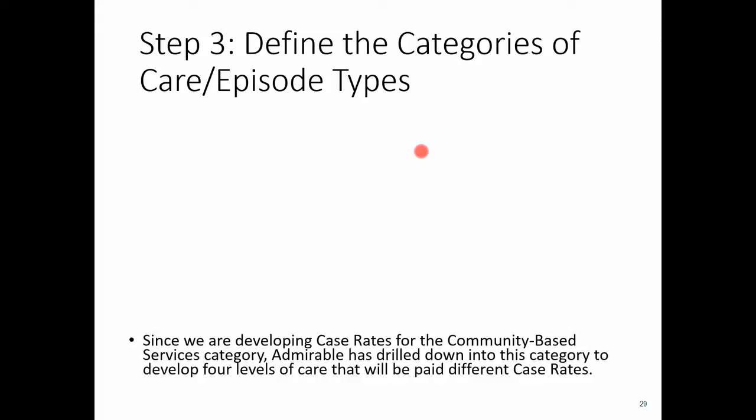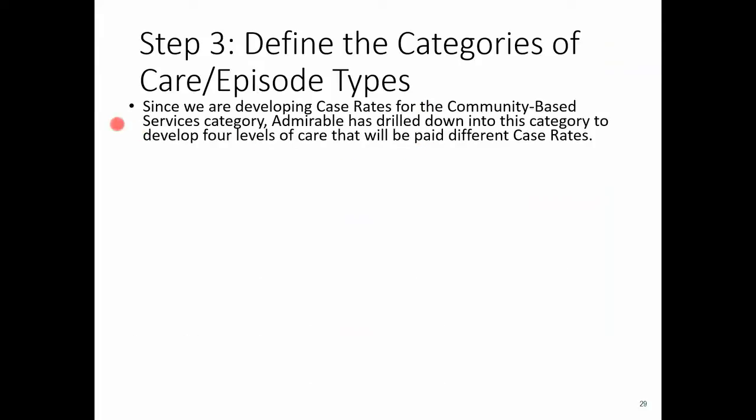So let's think about step 3 of the process, defining the categories of care, the episode types. Since we're developing case rates for community-based services, in my example, Admirable has drilled down this category to develop 4 levels of care that will be paid different case rates.